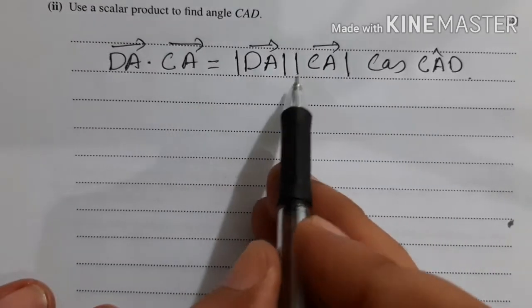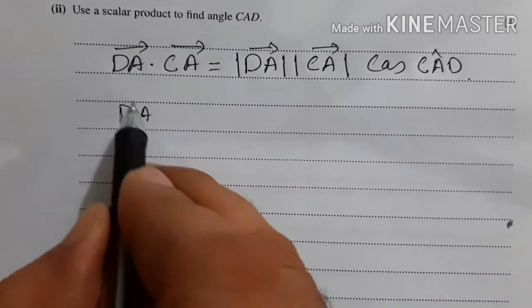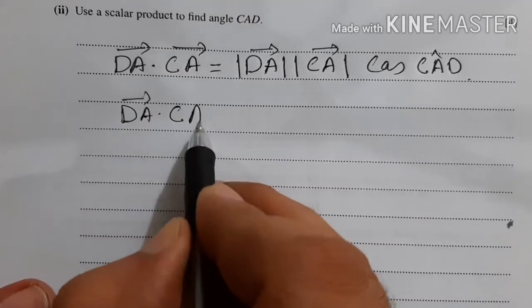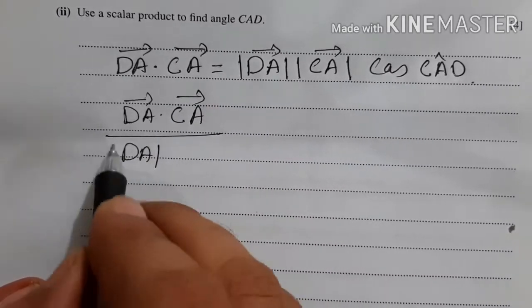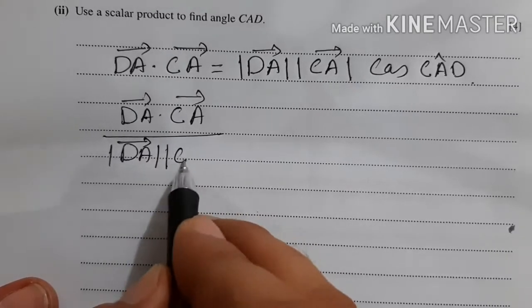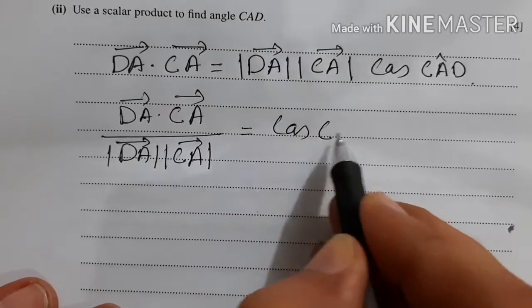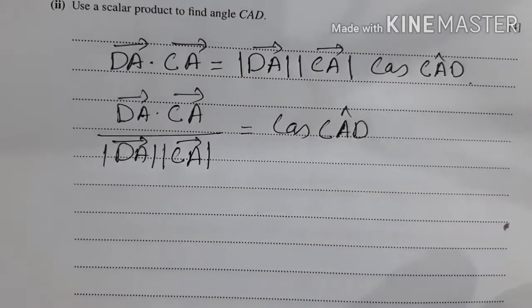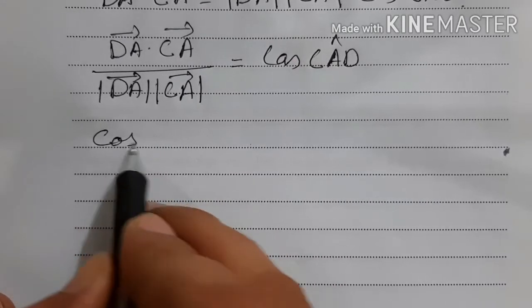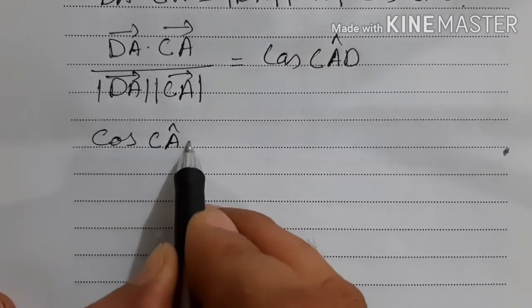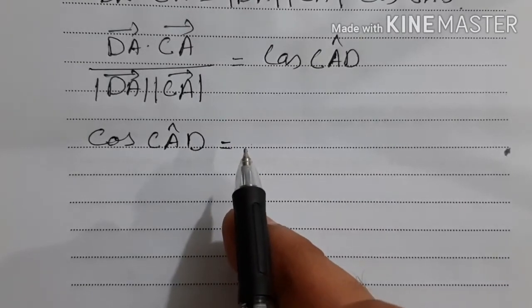So take these two things on the left: DA dot CA over DA magnitude times CA magnitude is equal to cos CAD. Now just put the values.